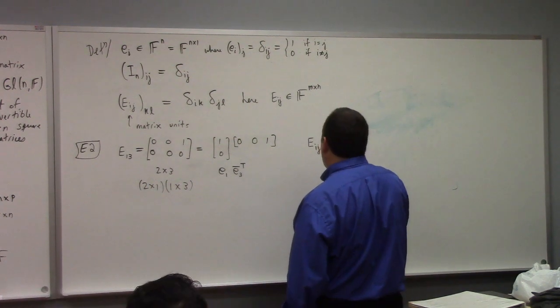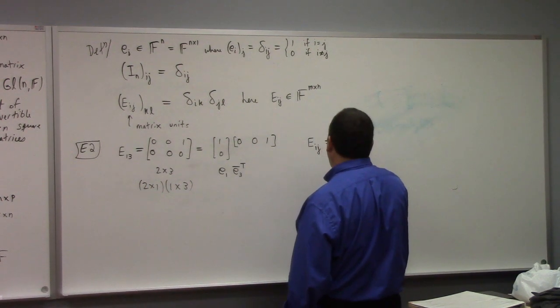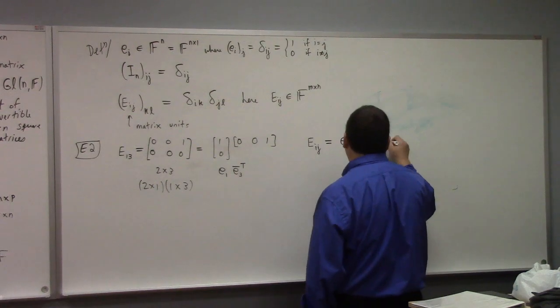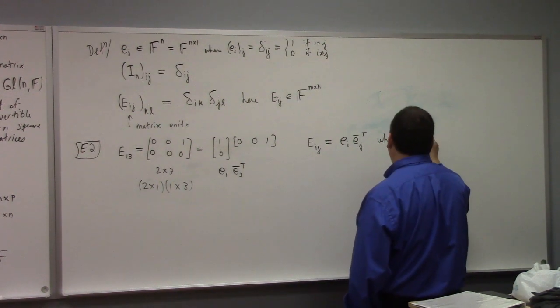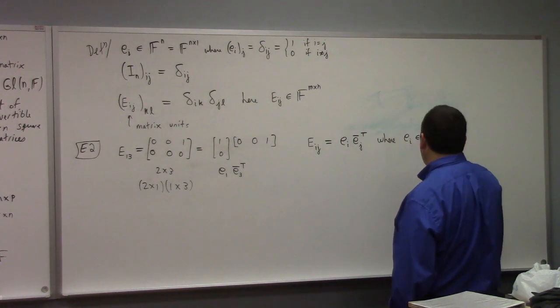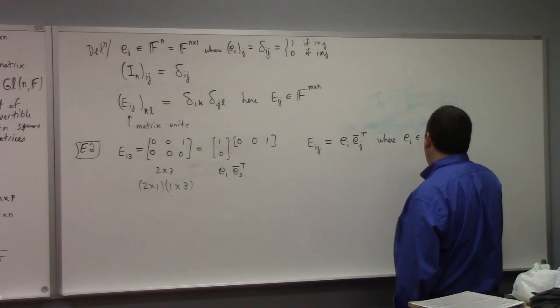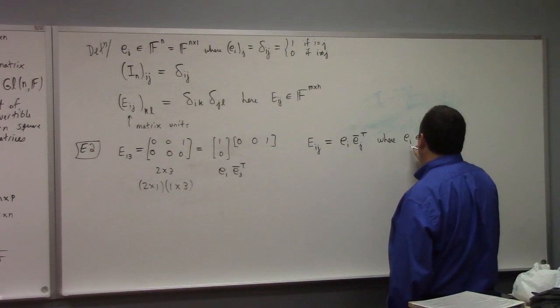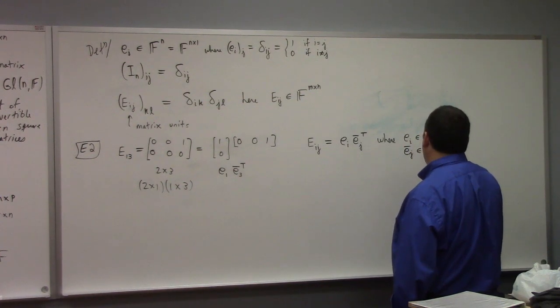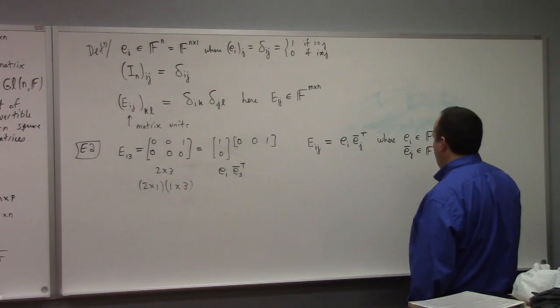So if I do Eij, I can build it as Ei, Ej bar transpose, where Ei is an element of F^m, and Ej bar is an element of F^n.